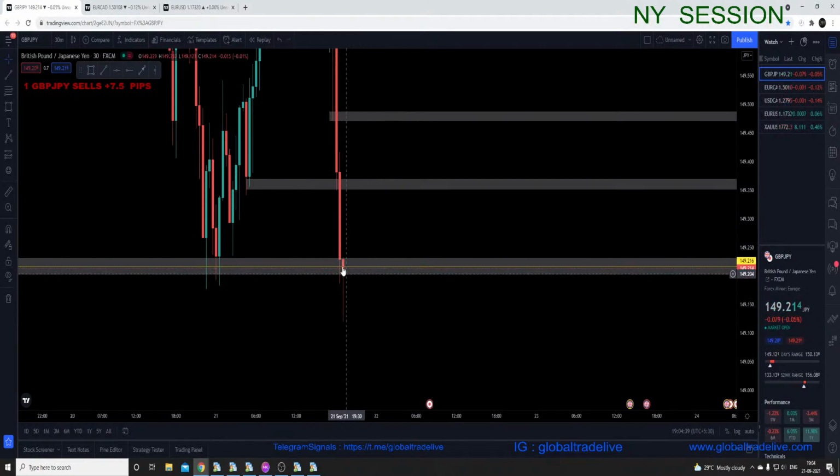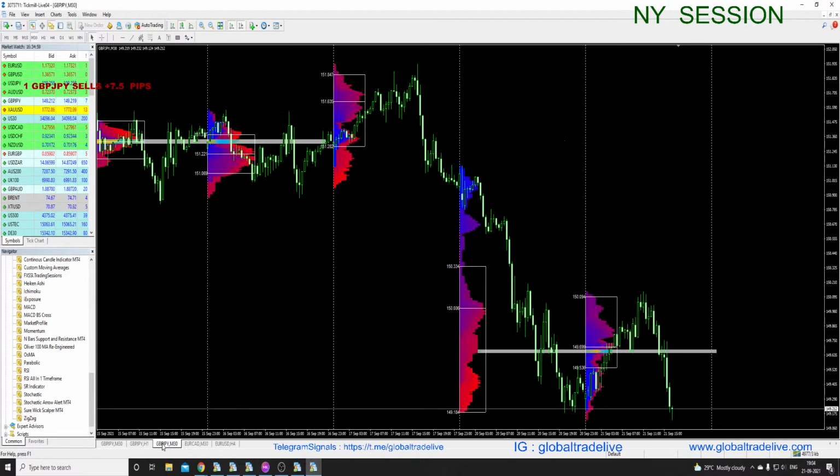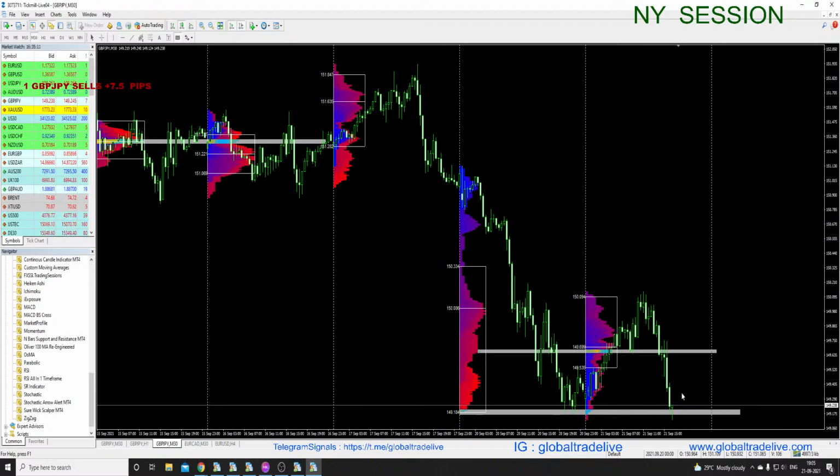Because look, I need to wait for this candle to either break its own low, or go up, retrace back up, and then create a low, so that the next candle can move down to fill this low and break the low, something like that. Let's have a look in 30 minutes. Yeah, 30 minute, so now the market is tapping on a low volume area over here, and it's rejecting the same area.